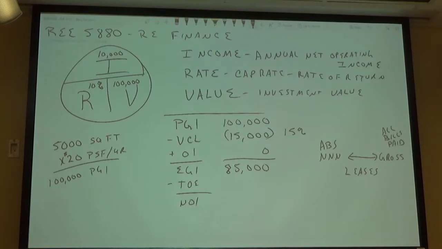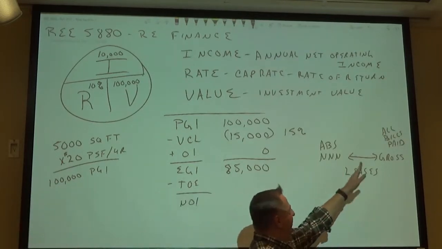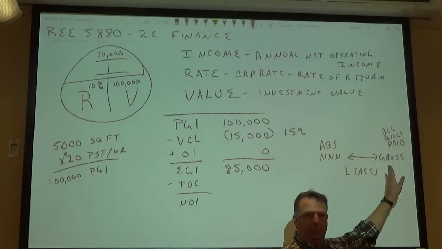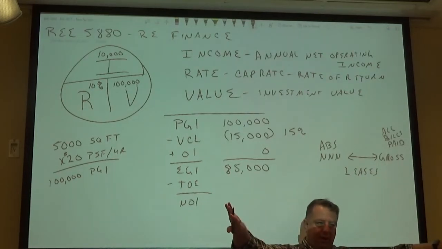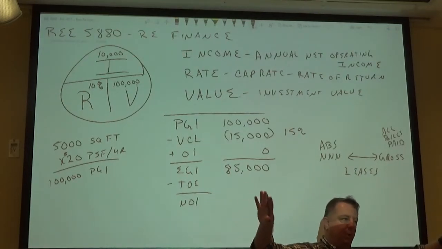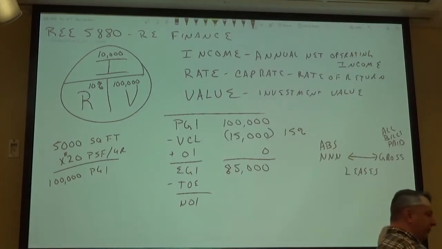In other words, all of the expenses are included within the base lease rate. Does that make sense? Okay, so those are the two complete polar opposites. In practice, most leases tend to fall somewhere between those two, but I'm just illustrating the extremes to illustrate the concept.